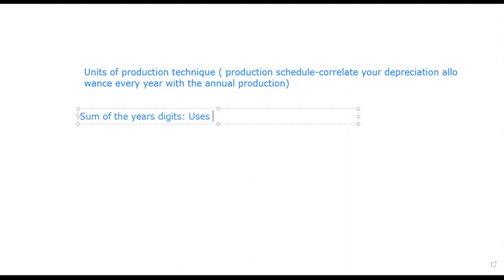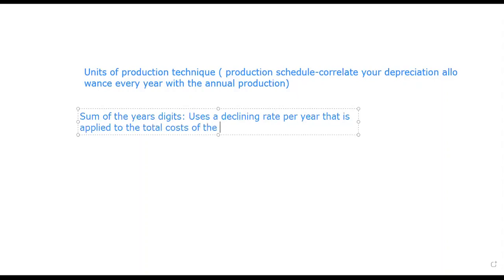It uses a declining rate per year that is applied to the total cost of the asset less the salvage value, okay?